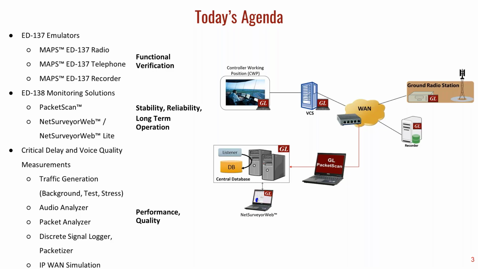As you know, the core of the new architecture are the ED137 standards for radio, telephone, and recorder elements. Those performance metrics are conveyed in ED138 monitoring solutions that specify the voice quality, the delay, and the functional performance. One of the driving factors for this transition is that the wide area network carriers are transitioning from leased line technologies in the TDM and analog domain to IP. That's a critical driving factor. The other driving factor is these standards. The FAA, EUROCAE, and many ANSPs are demanding that the equipment be interoperable.